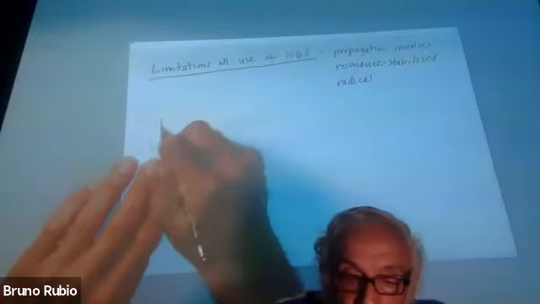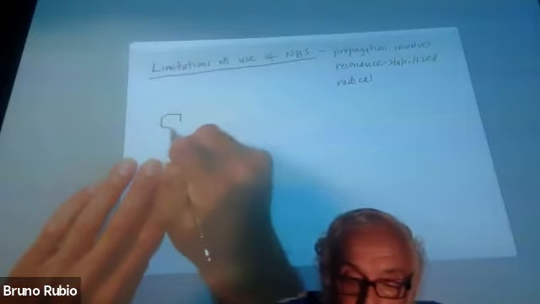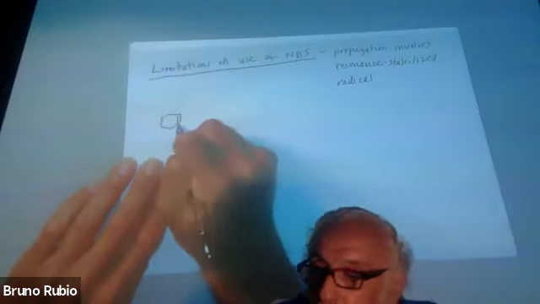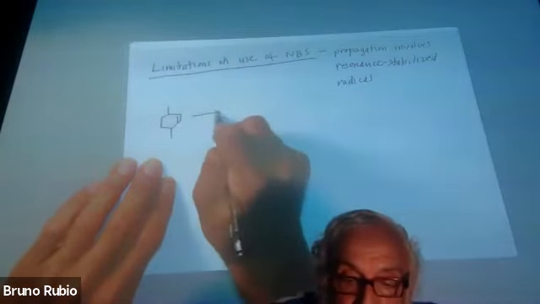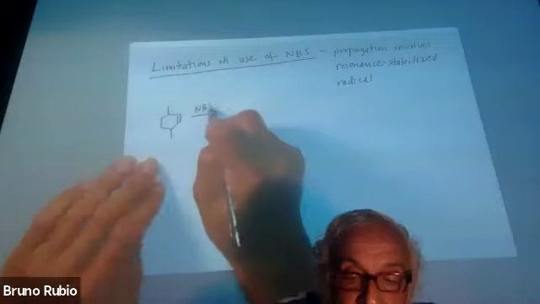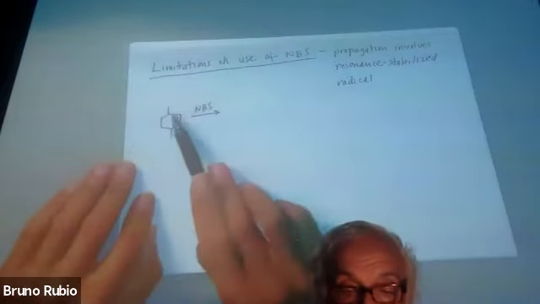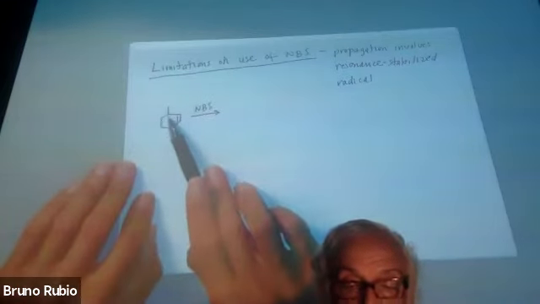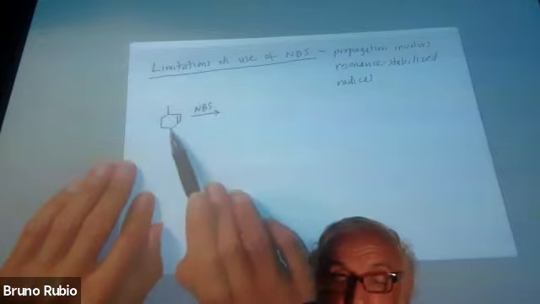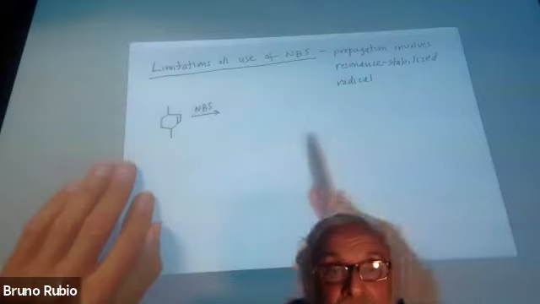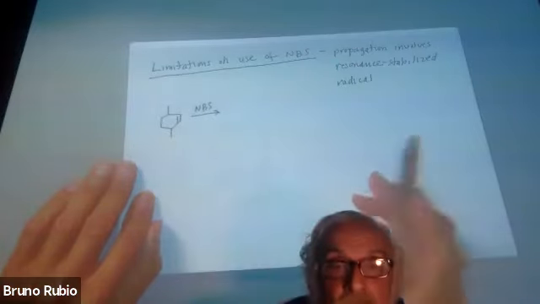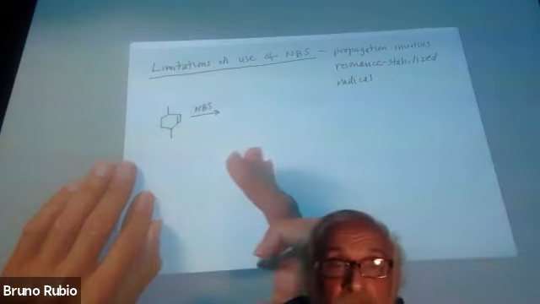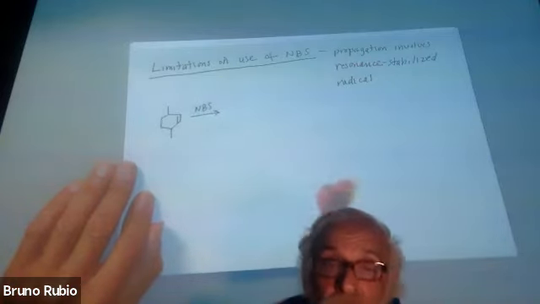So if I look at this guy here, and react him with NBS. All right, so that's an allylic position up here at 12 o'clock. That's an allylic position down here at 6 o'clock. It would be nice if the 12 o'clock proton and the 6 o'clock proton were replaced by a Br, but that's not all that's going to happen.